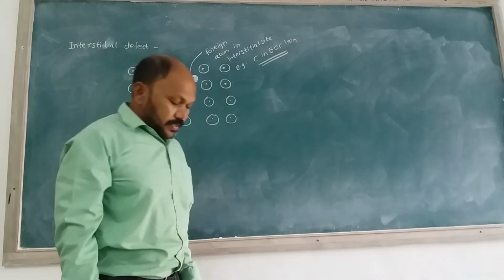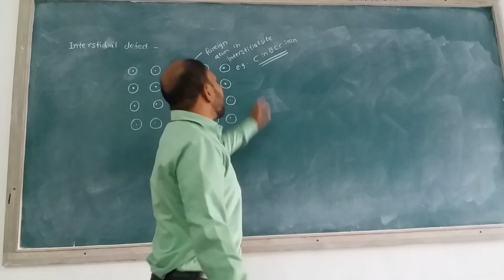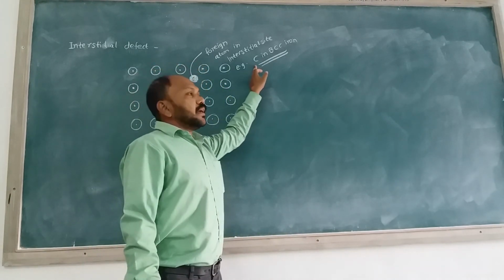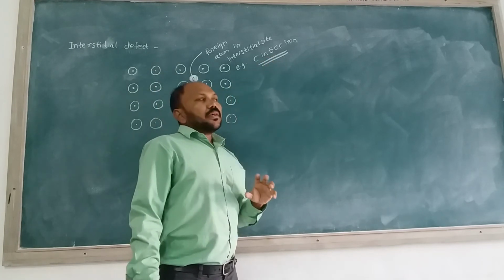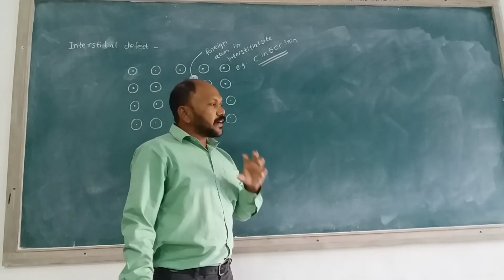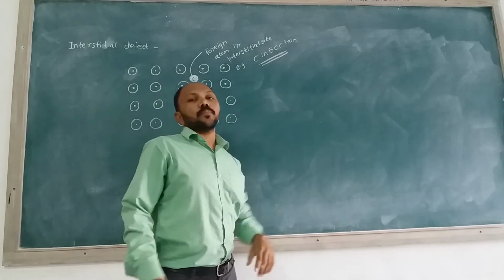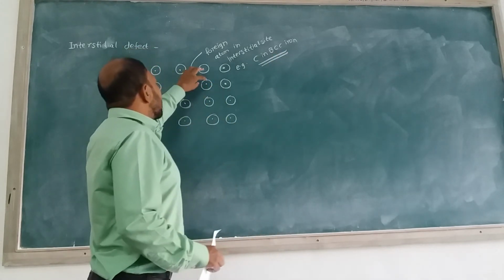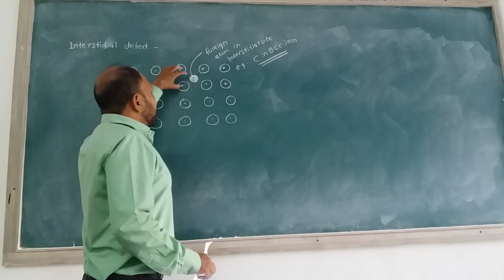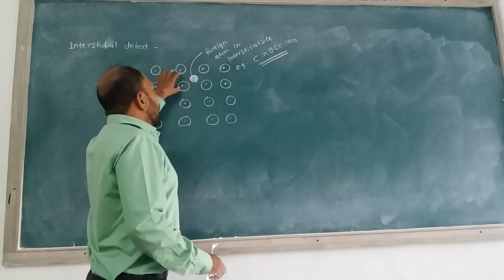Its example is, if we take the carbon atom as the foreign atom, it is possible to insert this carbon atom in a body centered cubic structure, that is the BCC iron structure. It is possible to insert this carbon atom in between these BCC iron atoms.